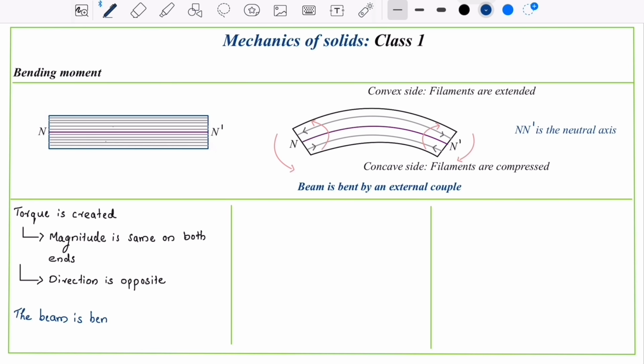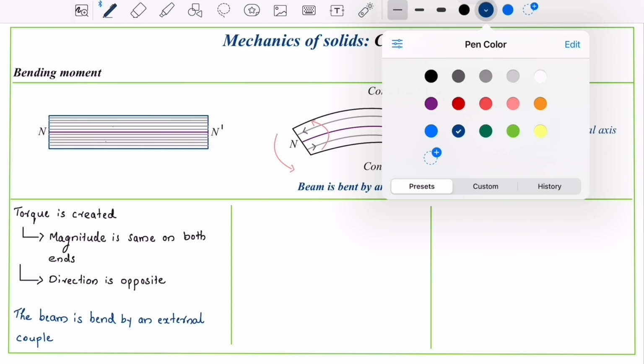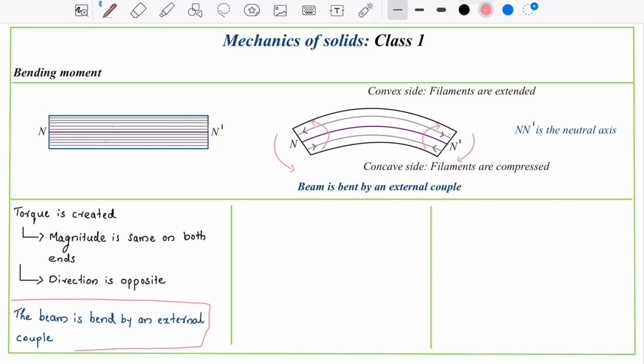Now, why the beam bends? The beam bends because of the torque created on both ends. Why the torque is created? The torque is a result of this external couple. When you load the beam on both ends, and due to this external couple on both ends, the beam is bent.